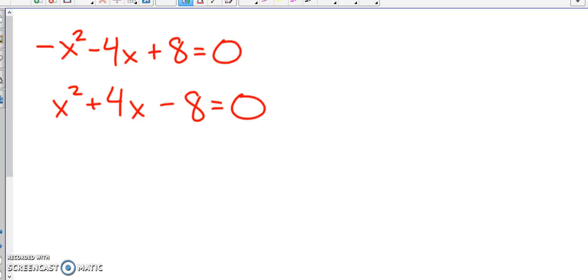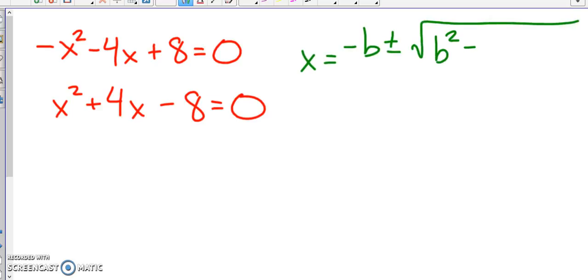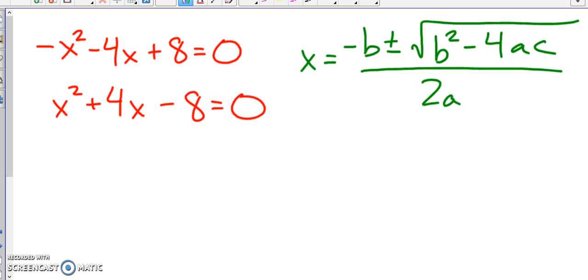Okay, so at this point, we can write out our formula. X equals negative b plus or minus the square root of b squared minus 4ac all over 2a. You should always write out the formula every time you want to use it. So, if you notice here, a is 1, b is 4, and c is negative 8.